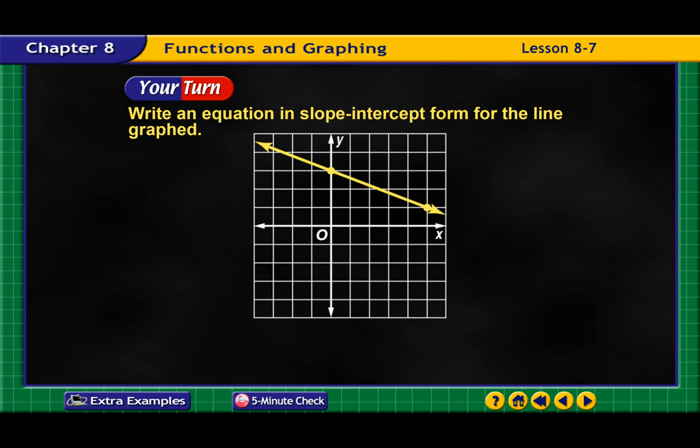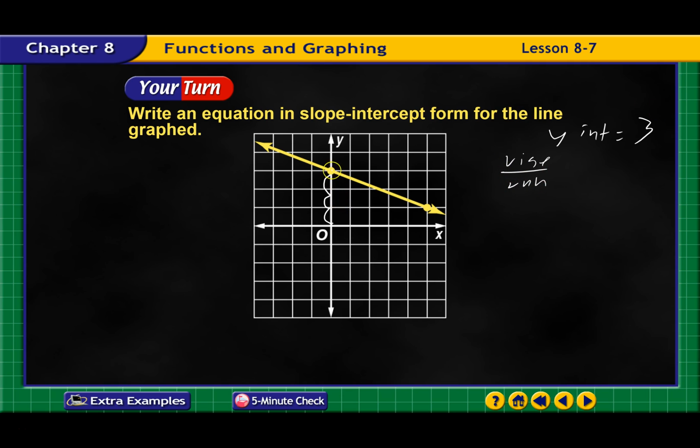All right, read the graph, come up with the slope-intercept form, go. All right, so my y-intercept is 1, 2, 3. Y-intercept equals 3. And my rise over run. Yes, this is how you show your work, by the way.